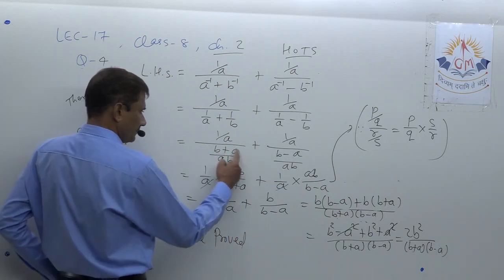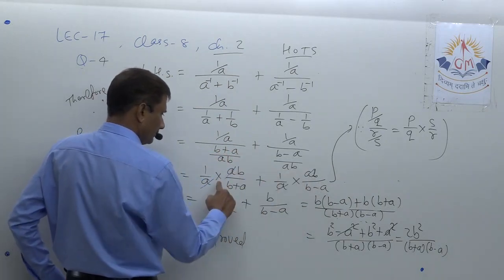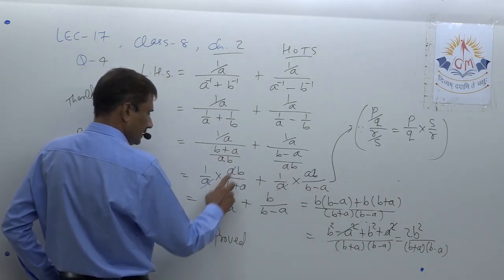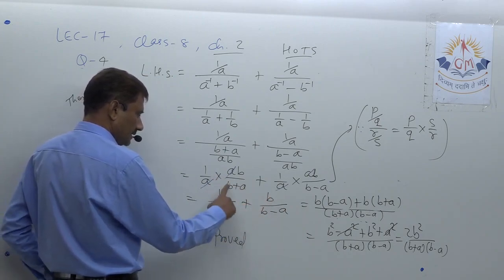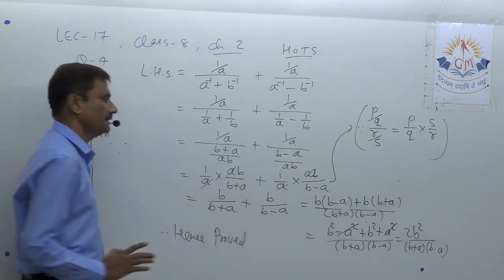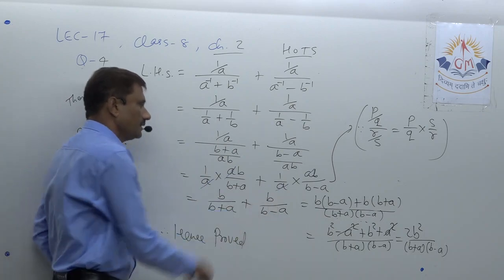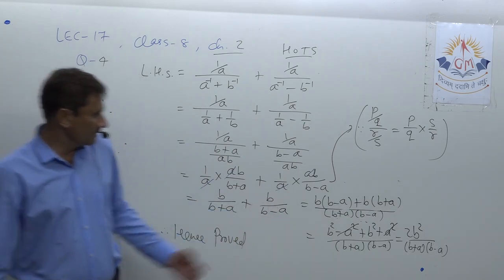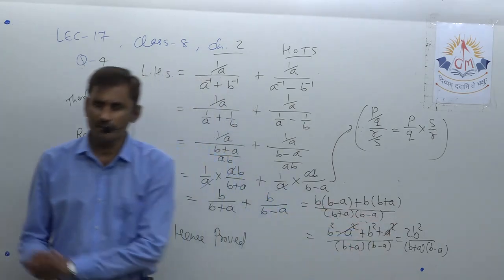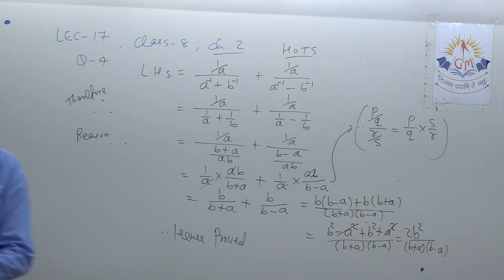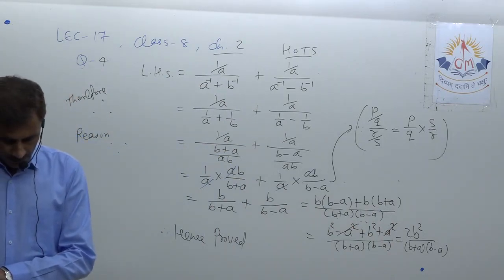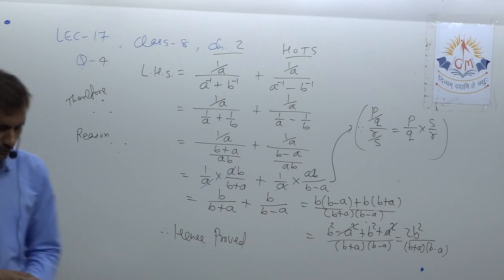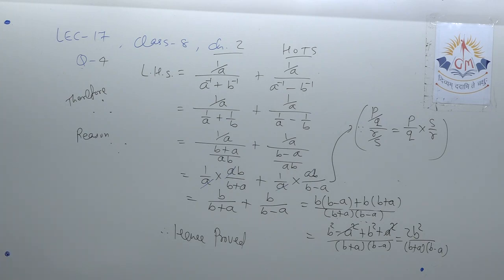So the divisor is reciprocated and the multiplication sign is placed. Whatever cancelled, and whatever left, written again. Then again cross multiplication taken, then the bracket opened, simplified, whatever left, that is written. Okay, so understand well and note it down also.